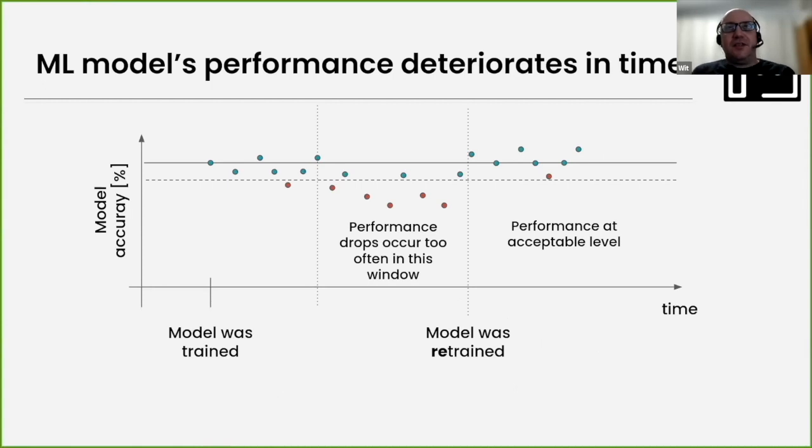The next thing is that machine learning models depend on data that is changing in time, and this means that models built today will have lower performance in the future. So you have to understand this, and you have to find the moments where the model's performance deteriorates to a level you are not accepting.